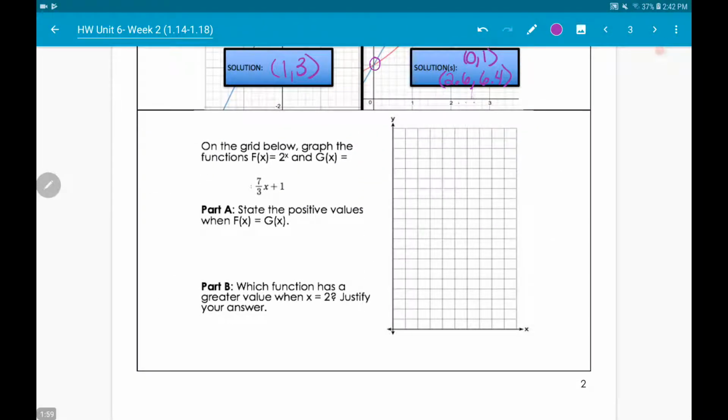Okay, so on the grid below, graph the functions f of x equals 2 to the x, and g of x equals 7/3 x plus 1. So I'm going to put a little table on this side for f of x.